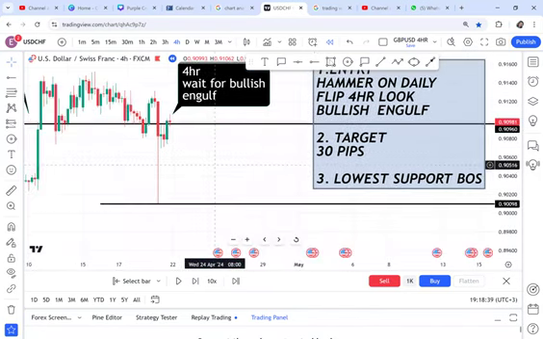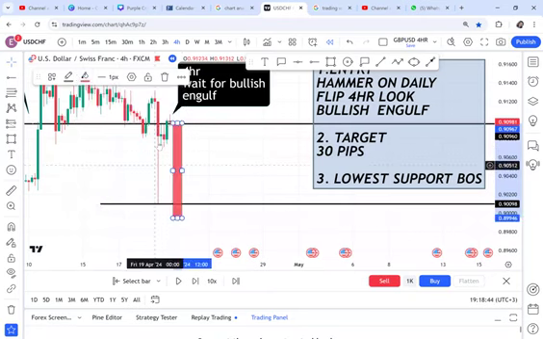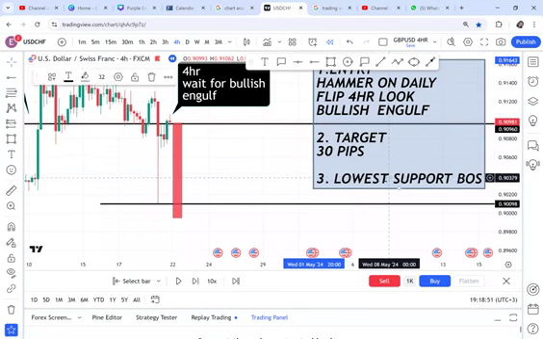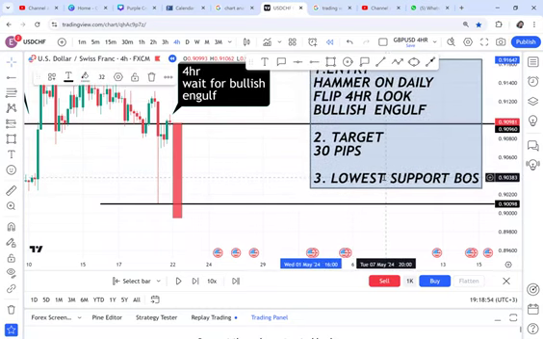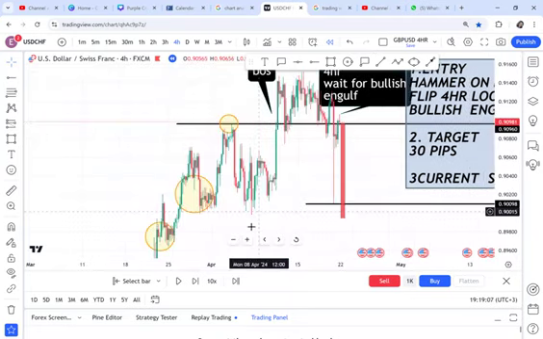If the market breaks your current support, not the lowest support, sorry, your current support, because if I talk of the lowest support, I have so many low supports here.